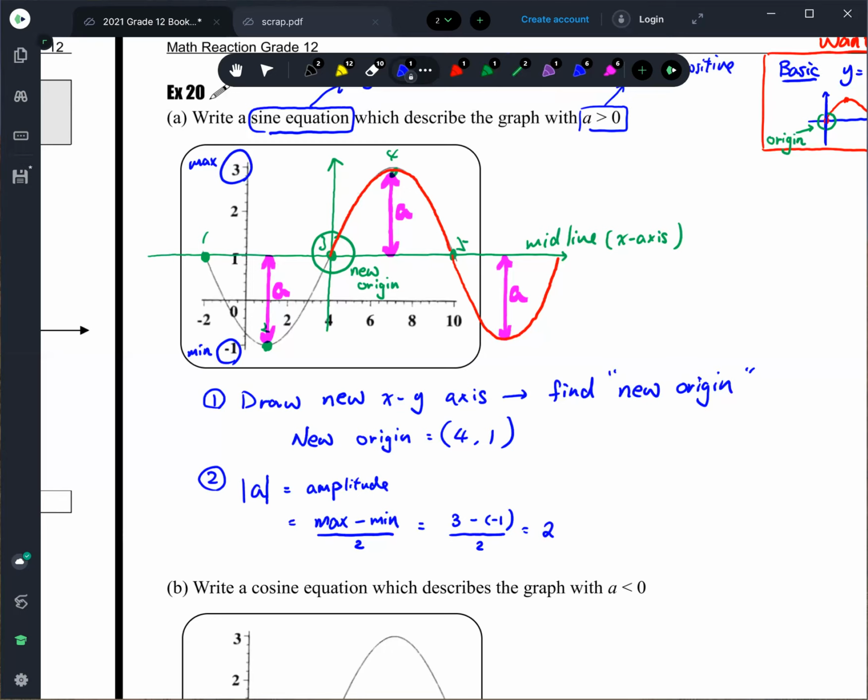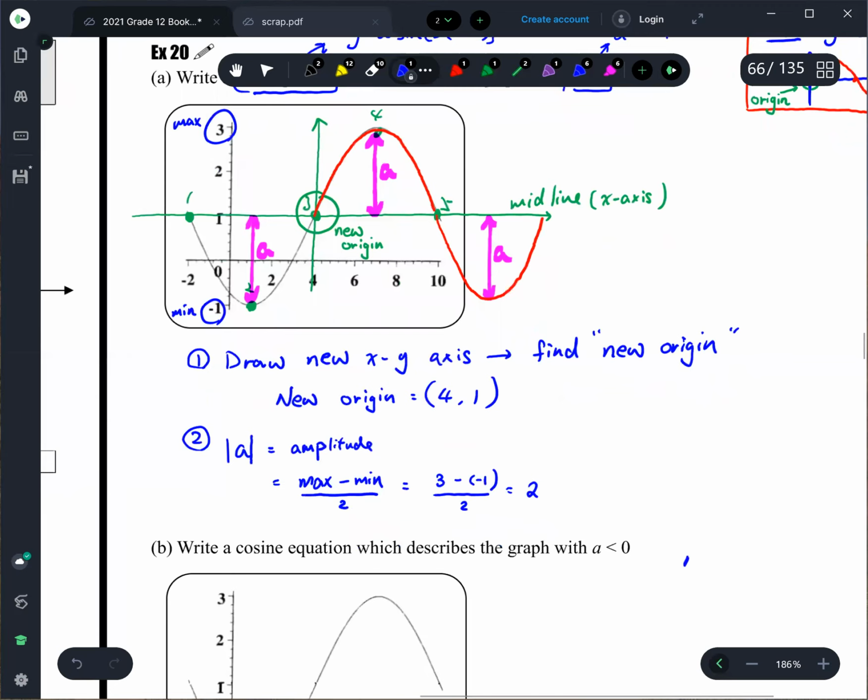Was it 2 pi over something? Over b? Over B, yeah, okay. So our original formula was new period equal to 2 pi over b. But now we are interested in finding b, so we need to move around in this formula.